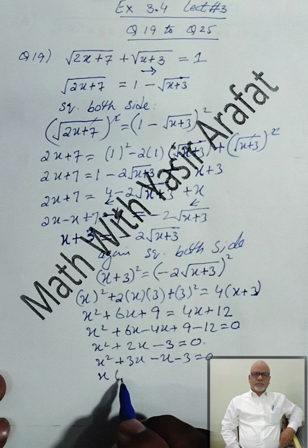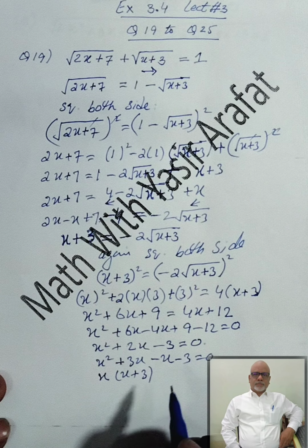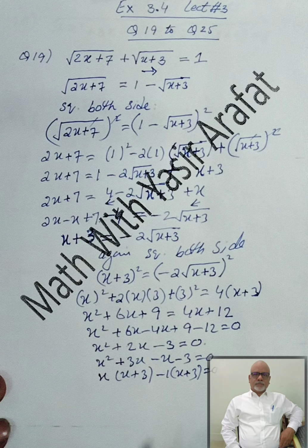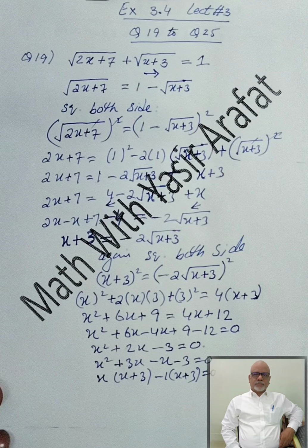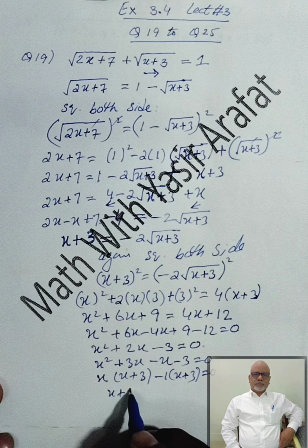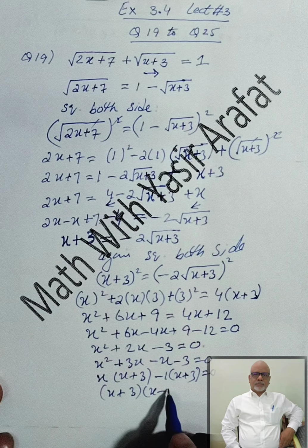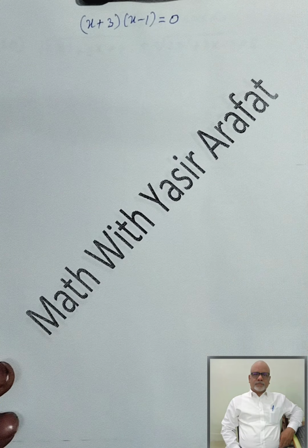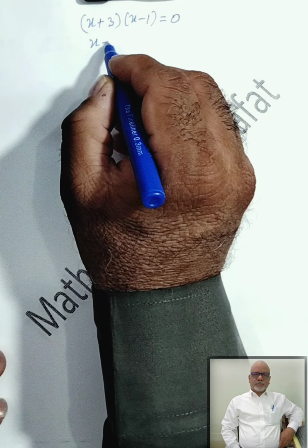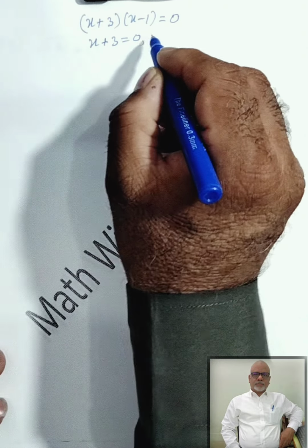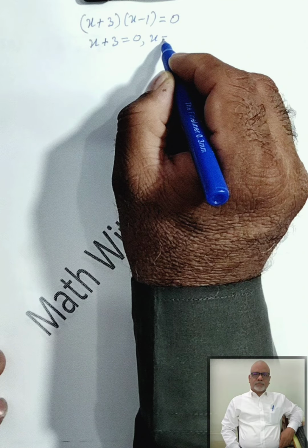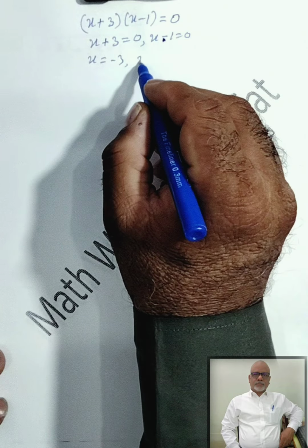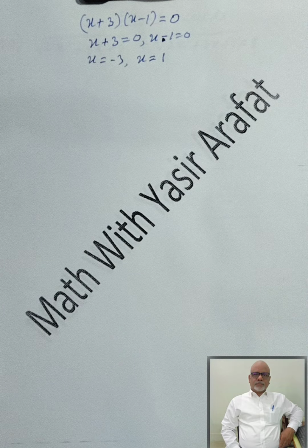Take out x common, x plus 3, minus 1 common, x plus 3 equal to 0. So here x plus 3, x minus 1 equal to 0. Now one by one they will be equal to 0. So x plus 3 equal to 0, x minus 1 equal to 0. So the value of x is minus 3 and the value of x is equal to 1.